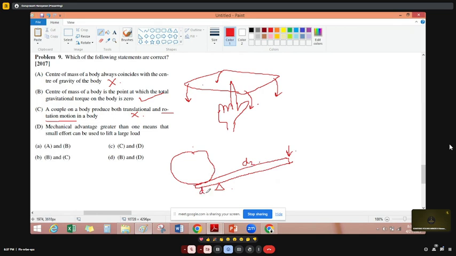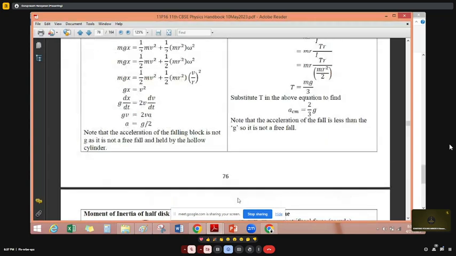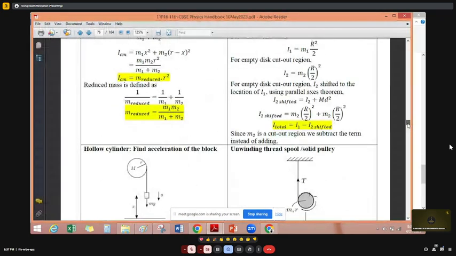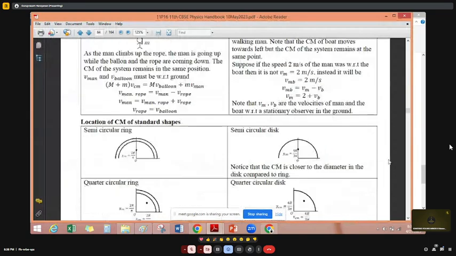So d2 by d1 is your mechanical advantage. d2 will be bigger. If you don't follow, you can go back and check it in the handbook, I think it was there in the very first pages.